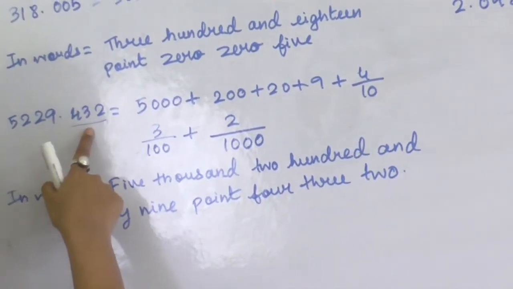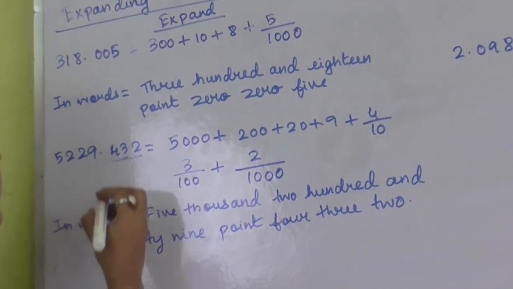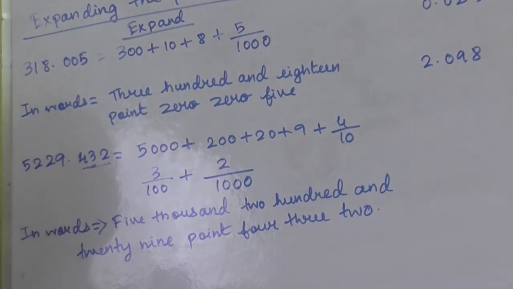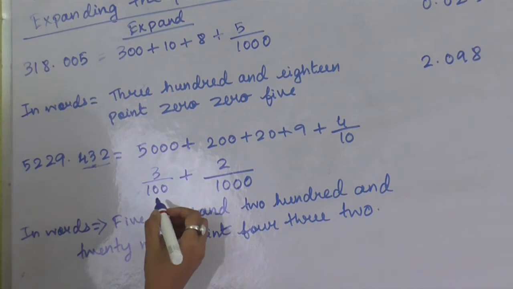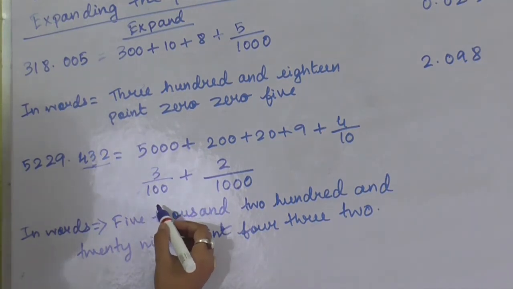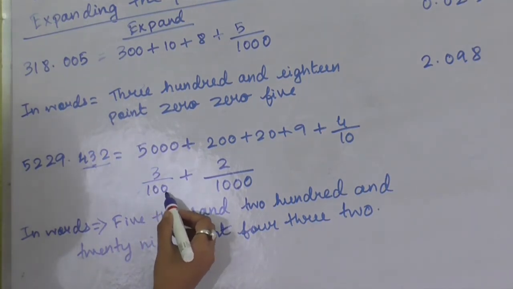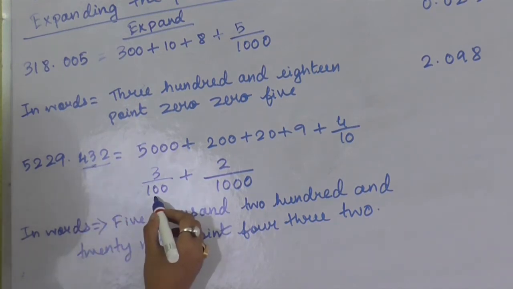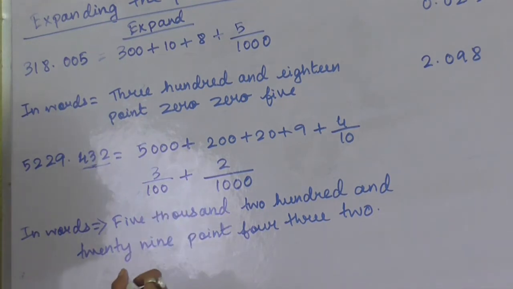Then I will take this 3. You can see that after this decimal point, we are having these 2 numbers. So with 3, I will write this 100, because after this decimal point we are having 2 numbers, so I will consider this 20, which is becoming 100.